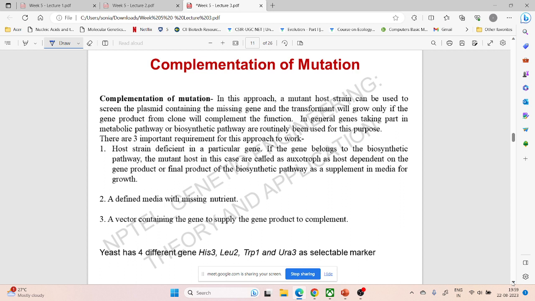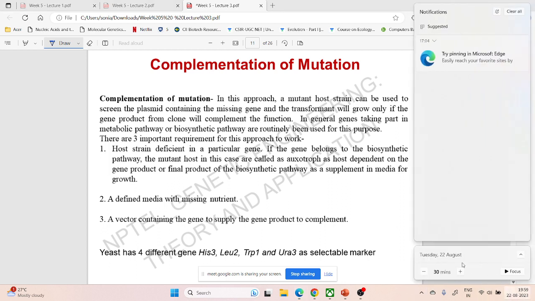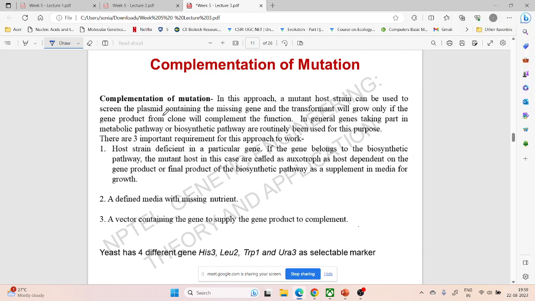That means it does not have a particular gene. Here it is written that in this approach, a mutant host strain can be used to screen the plasmid containing the missing gene, and the transformed will grow only if the gene product from the clone will complement the function.